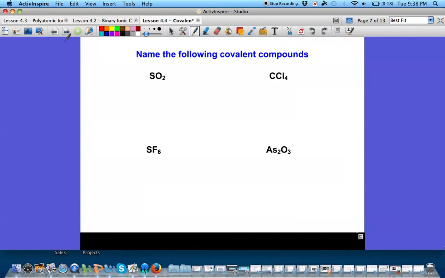All right, here are 4 more examples. Go ahead and pause the video and try these on your own. Welcome back. So we have SO2. This is going to be sulfur dioxide.